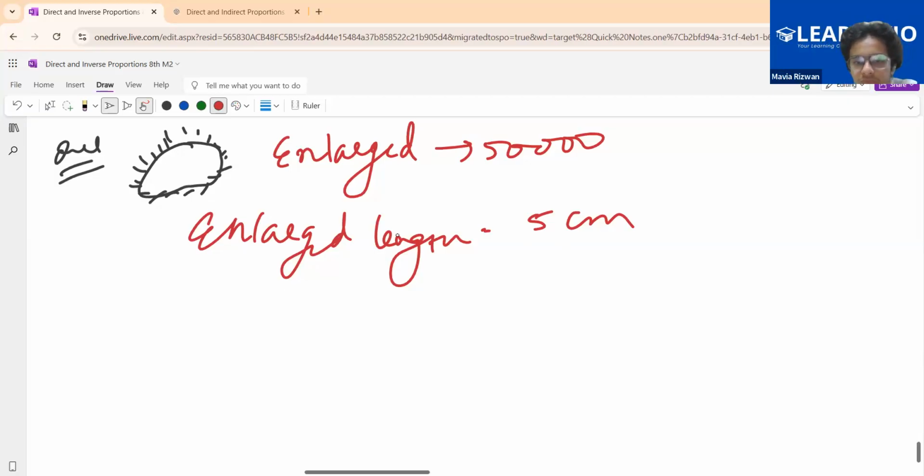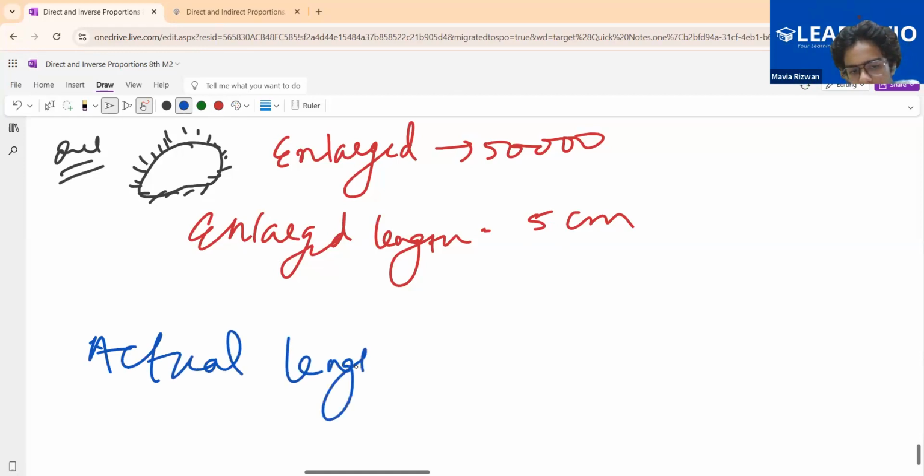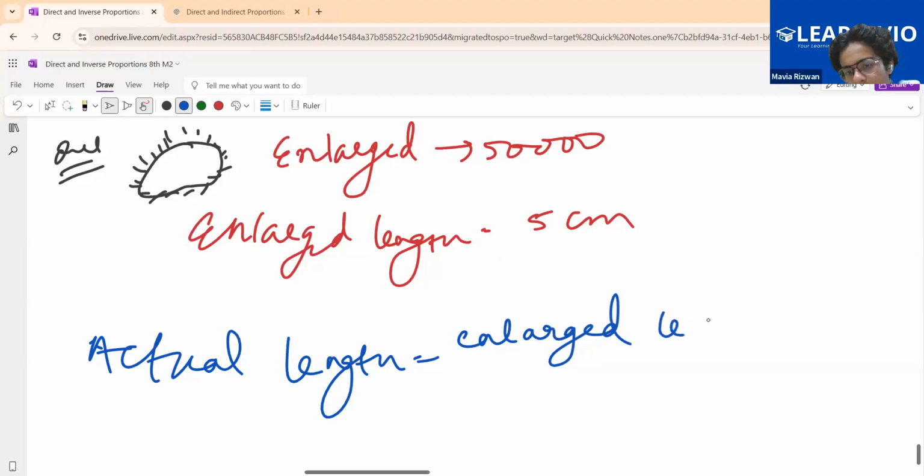This is the enlarged length, and this is the enlargement times. Now, actual length would be equal to enlarged length divided by enlargement times.